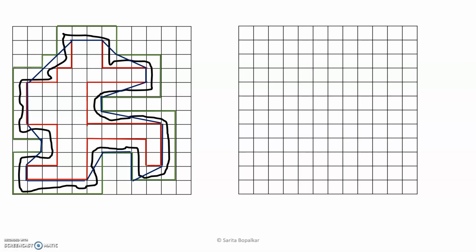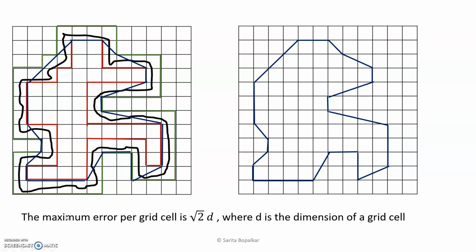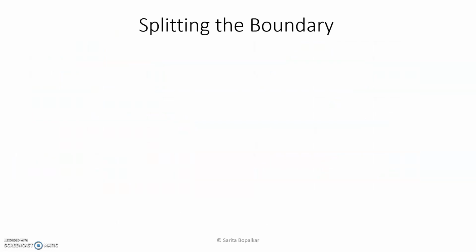And this is our polygon for this original boundary representation. Next, one more thing, the maximum error per grid is root 2 d, where d is the dimension of the grid. Next technique in polygon approximation is splitting the boundary.